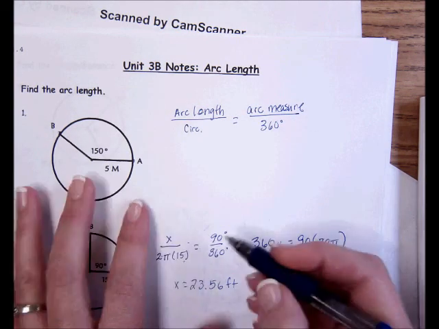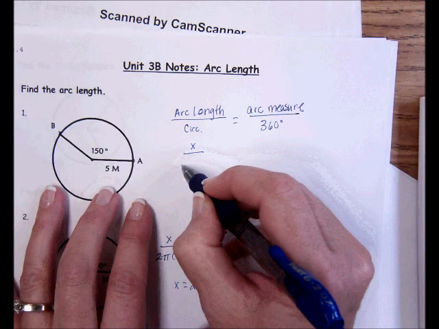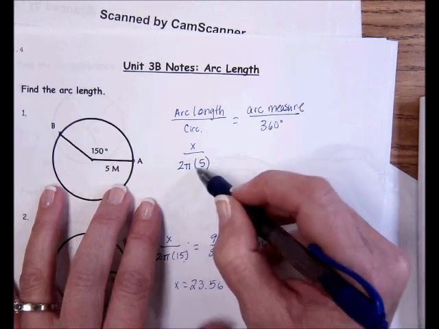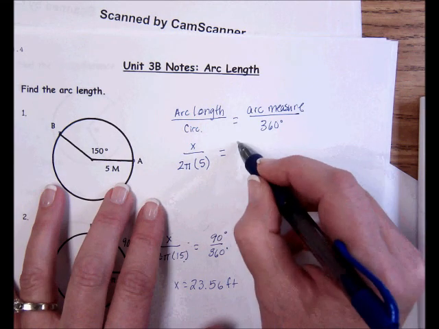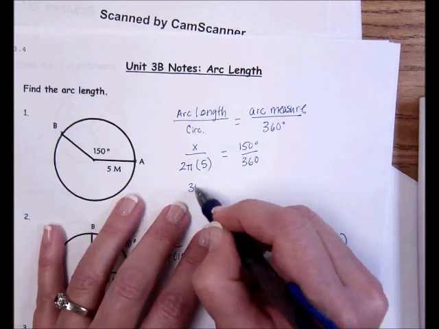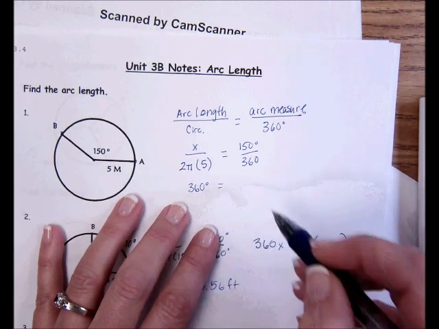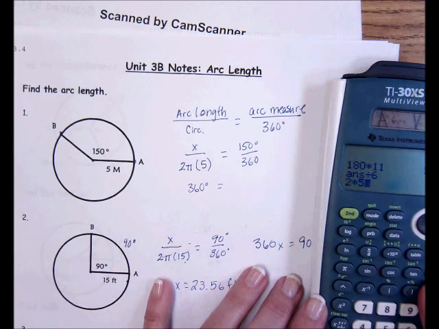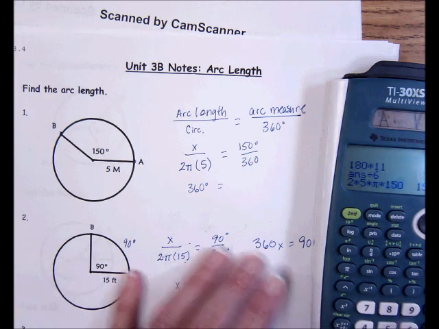So in this situation, I have arc length, and then 2 pi times r, where the radius is 5, is equal to 150 degrees over 360. Then I set my cross products equal to each other, and I have 2 times 5 times pi times 150.